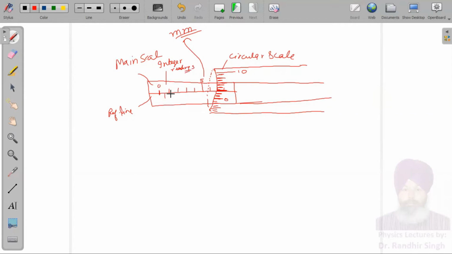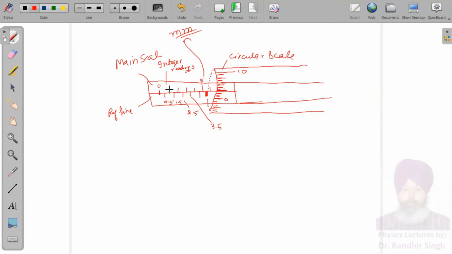So this is the reference line. On one side of the reference line we are having integer readings. On the other side we will have half integer readings. Like this. So this is actually 0.5, this is 1.5, this is 2.5, this is 3.5.